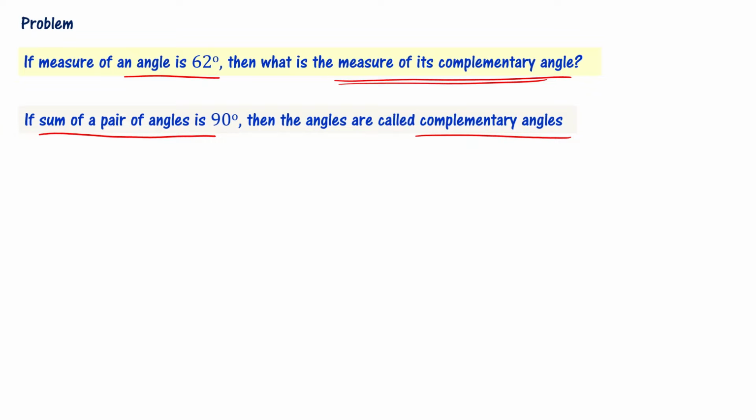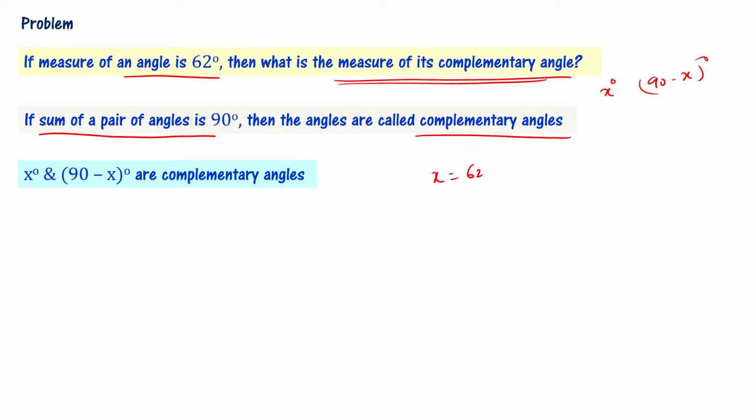In other words, we have learned that x and 90 minus x degrees are complementary angles, right? So let me say that x equal to 62 degrees. So what is 90 minus x? That is going to be 90 minus 62, right? 90 degrees minus 62 degrees is 28 degrees, right?